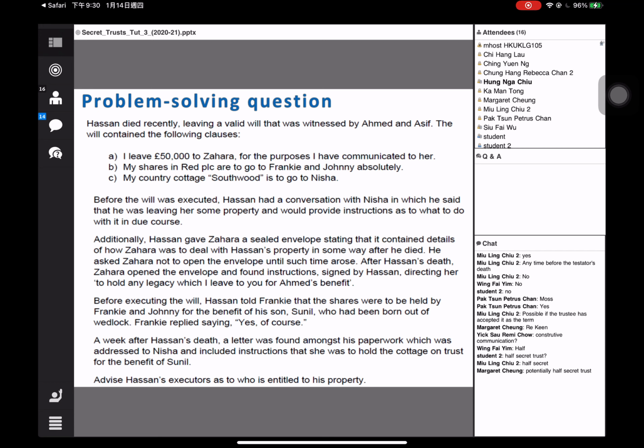Secret trustee. What did I mention earlier? Is the secret trustee otherwise known as something? Can anyone remember? A secret trustee is sometimes referred to as what? The terms are sometimes used interchangeably. It's useful to know this because when you're doing your reading, some of the judgments refer to this.